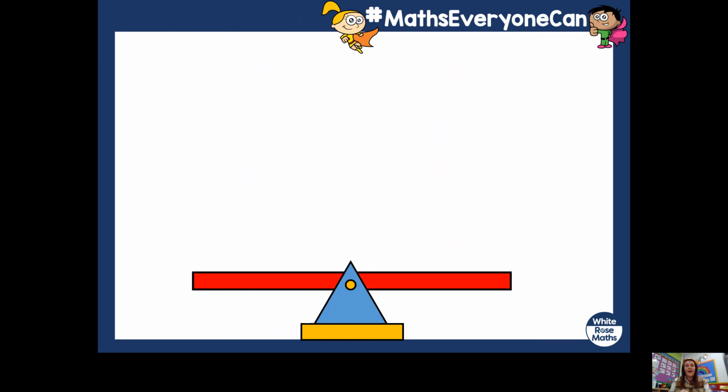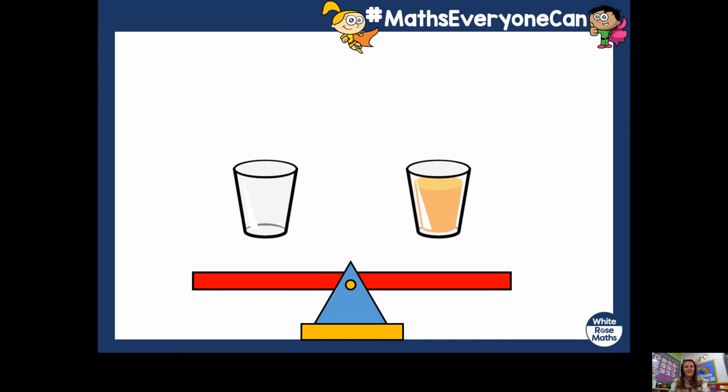Now I've got a full glass of water and an empty glass of water. What will happen? Can you use the words heavier and lighter to explain what you think is going to happen? Here they come. What's going to happen to the weighing scales?